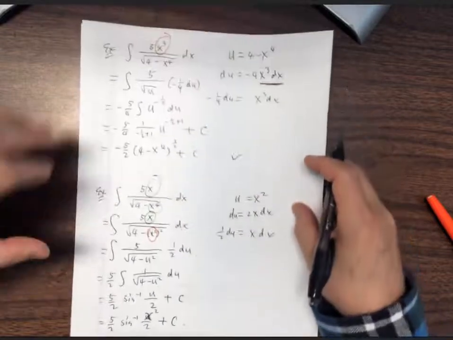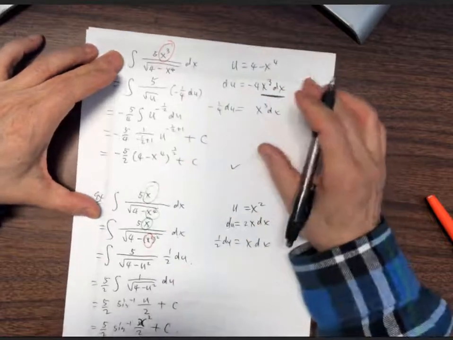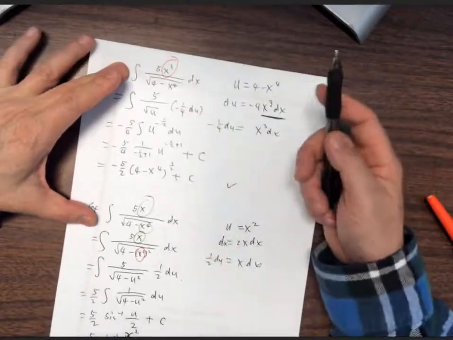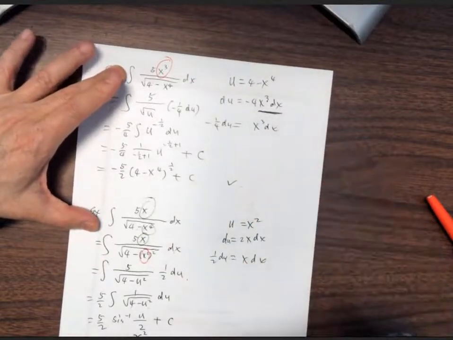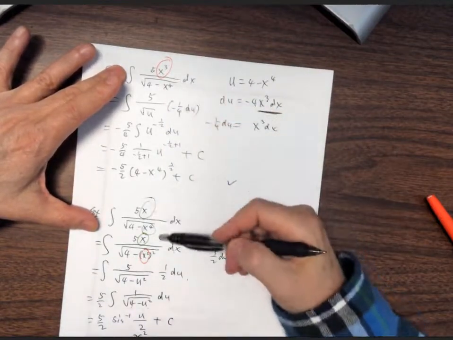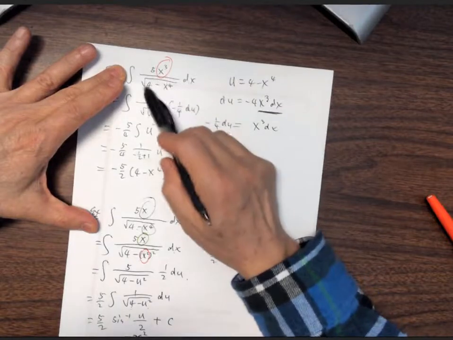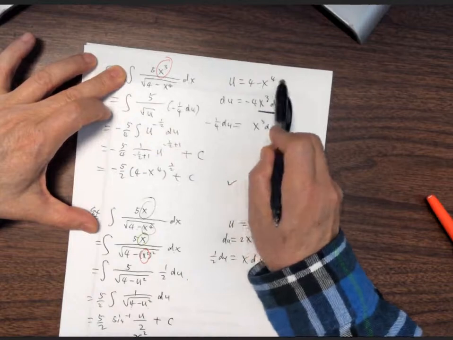Okay, so with these two examples side by side on the same page, you can see how we again try to use this idea of a supporting factor to see whether it will work directly or it will not. Directly for this guy we want to try substituting u equal to 4 minus x to the 4th power.